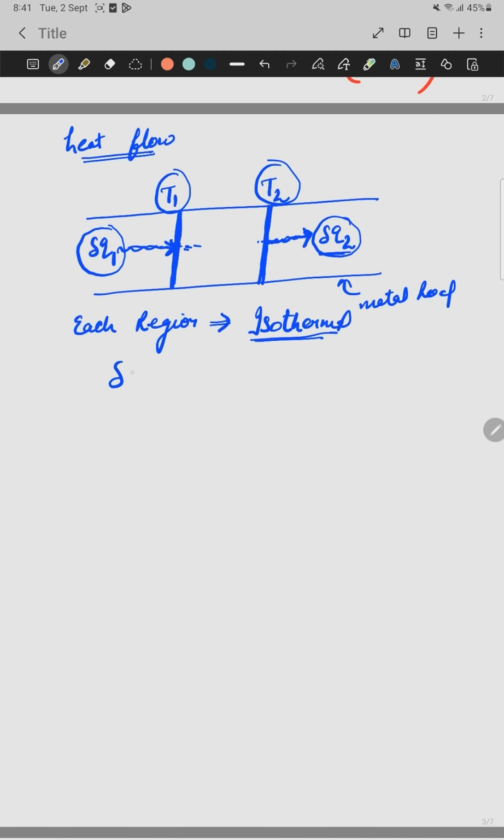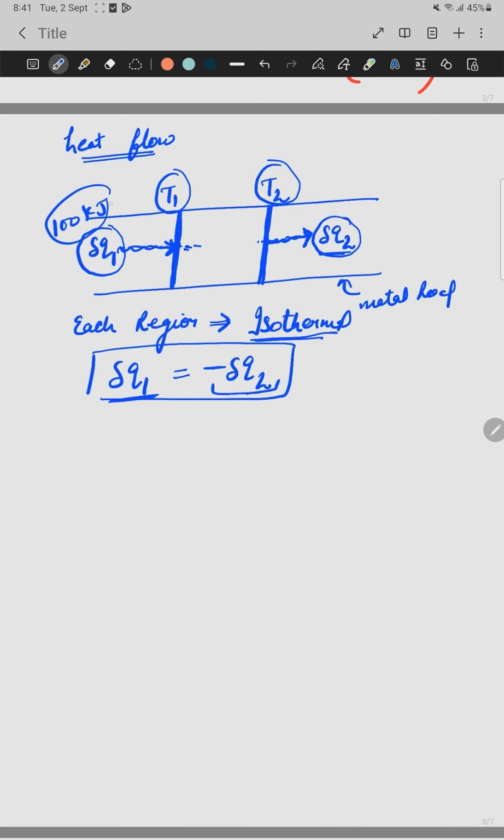So when curly Q1 becomes equal to curly Q2, basically both are in the negative direction, because curly Q1 amount of heat is added to the system and curly Q2 amount of heat is released from the second region. Suppose 100 kilojoule of heat enters at the T1 point and 100 kilojoule of heat is released from the second region.